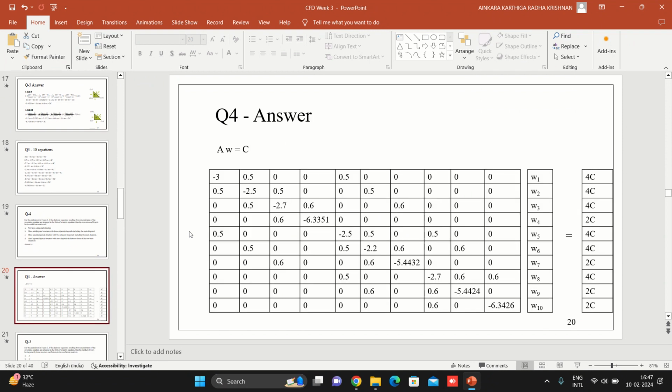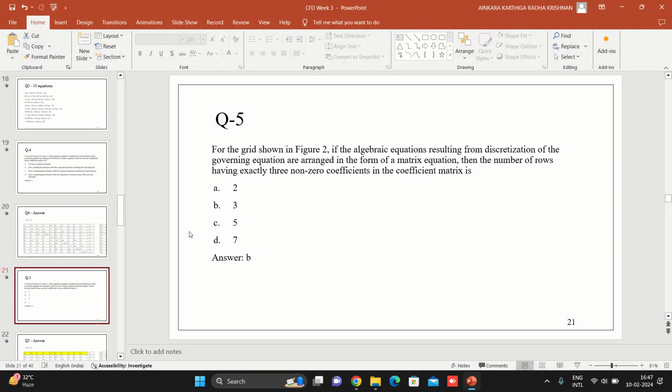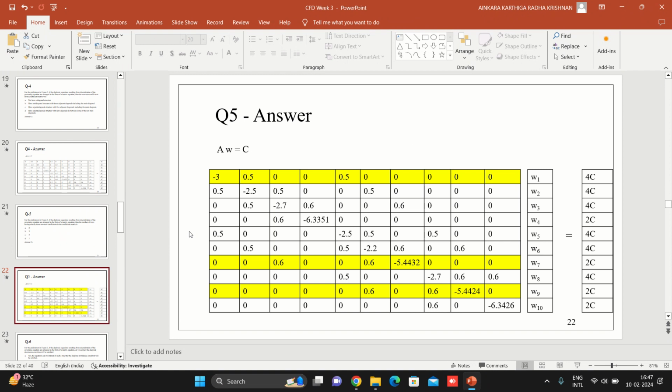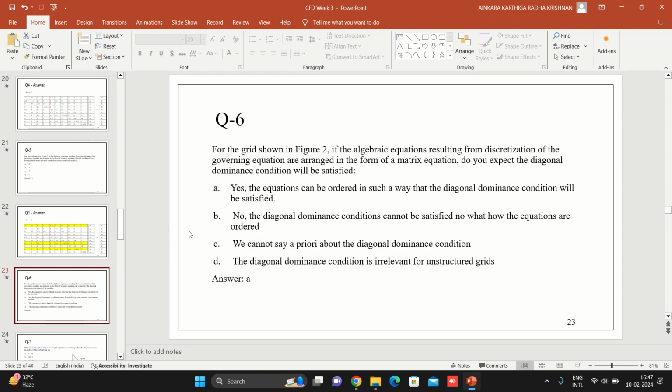It was not forming any diagonal structure, rather only the main diagonal was available. That was one question. Then, how many non-zero coefficients, with how many rows having exactly 3 non-zero coefficients, we found out to be 3. And equations can be ordered in such a way that diagonal dominance conditions can be satisfied. Only after that can we proceed to getting the solution of that particular system.